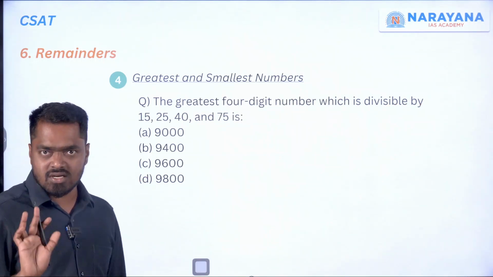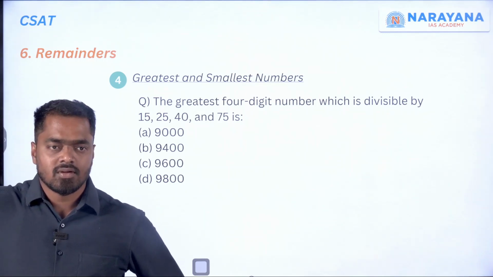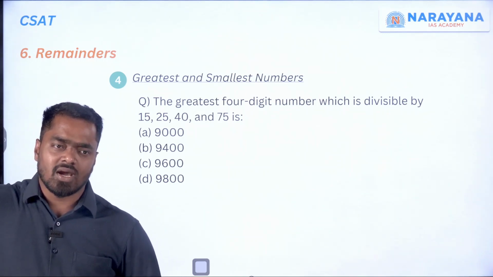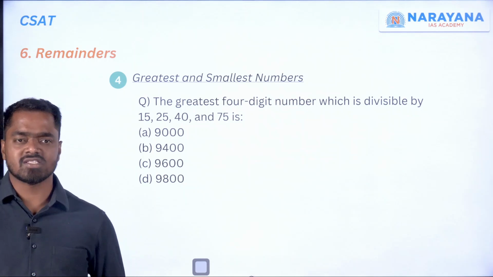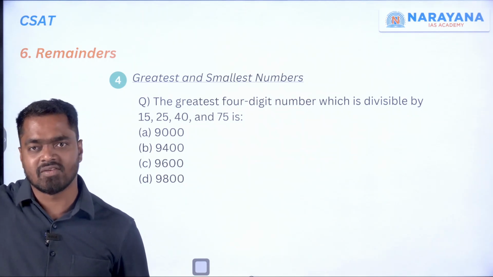Now using these two concepts, try to solve this one. Simple one. You have to apply either of the rules. The greatest 4-digit number which is divisible by 15, 25, 40, 75.